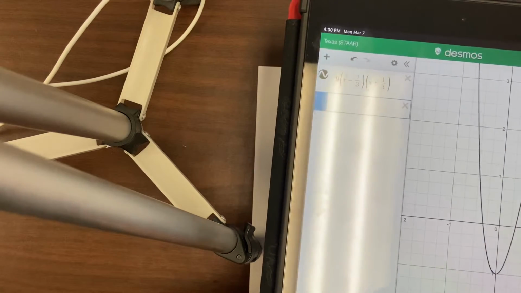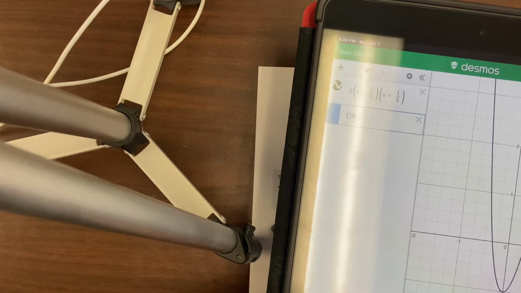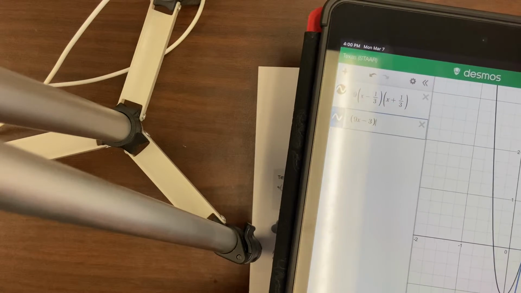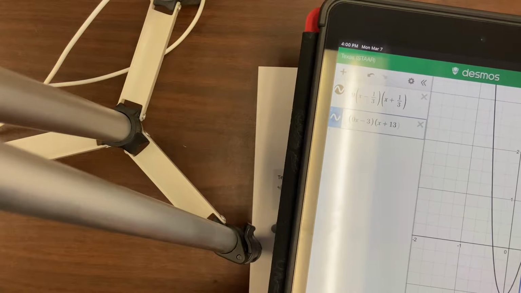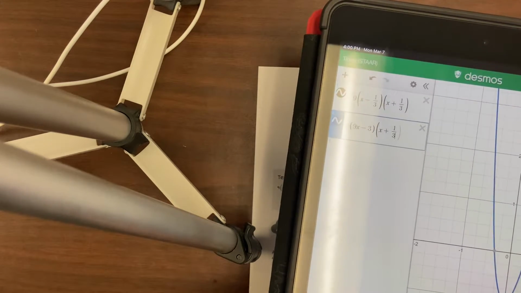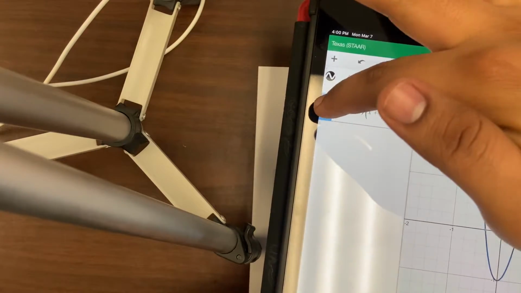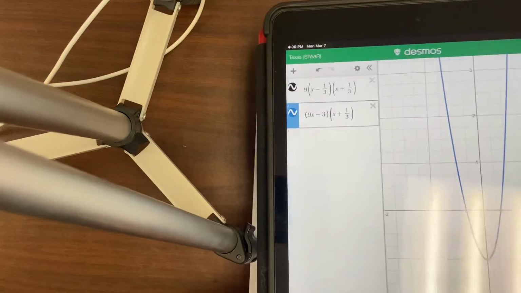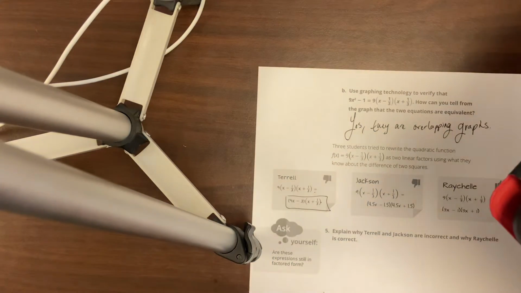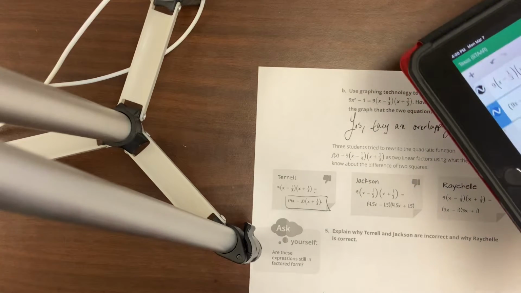Oh, terrific. So it is the same exact line, so this is where it's going to get a little enticing, which is why I'm so happy we have Desmos.